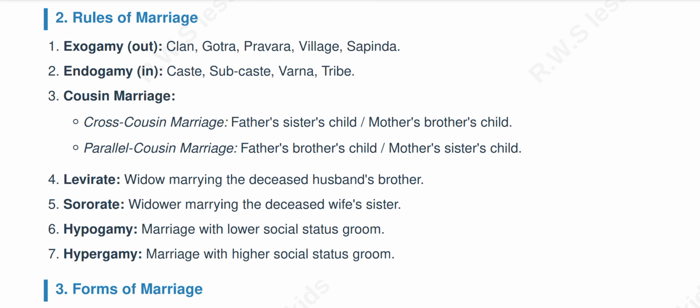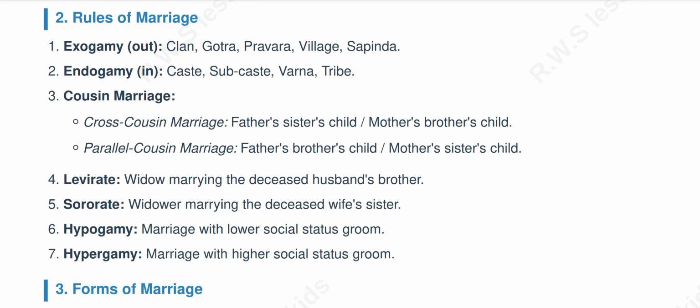The opposite is sororate, the widower marrying the deceased wife's sister. So basically the wife is dead, and now the husband, the widower, is going to marry his wife's sister.